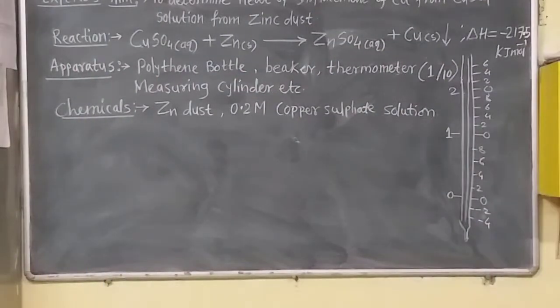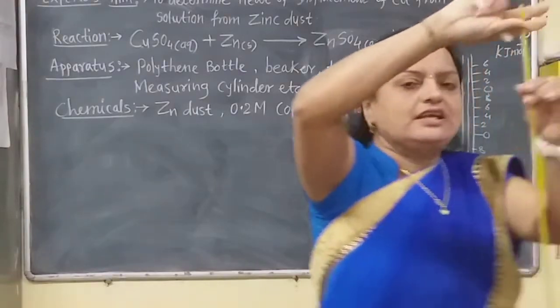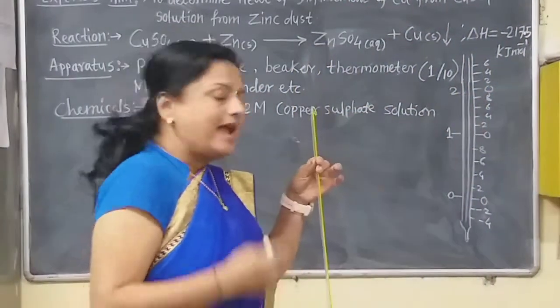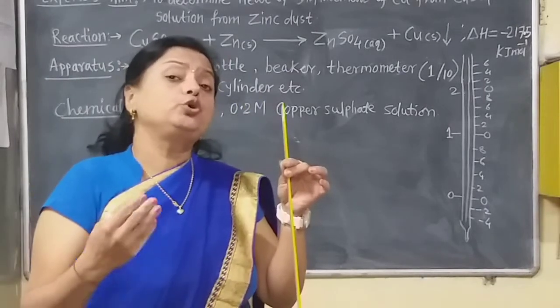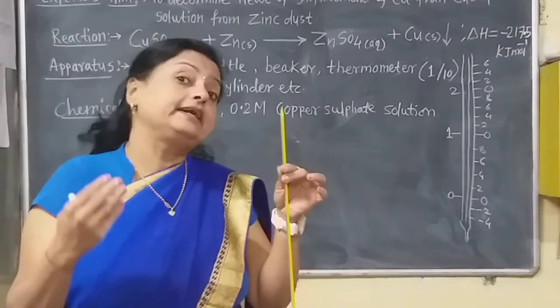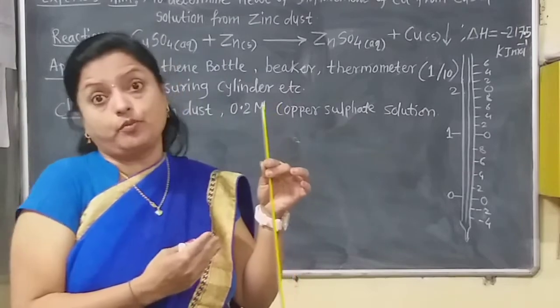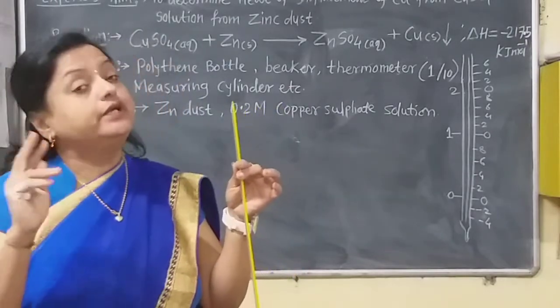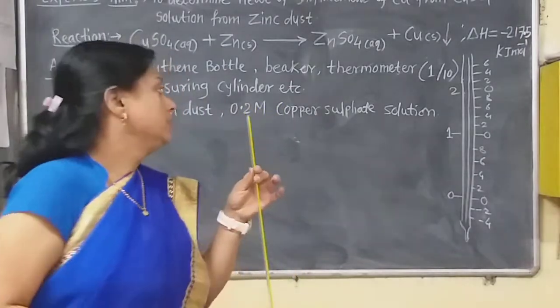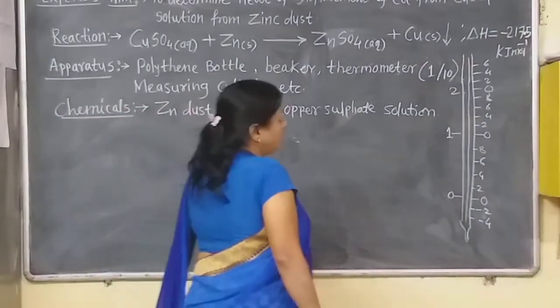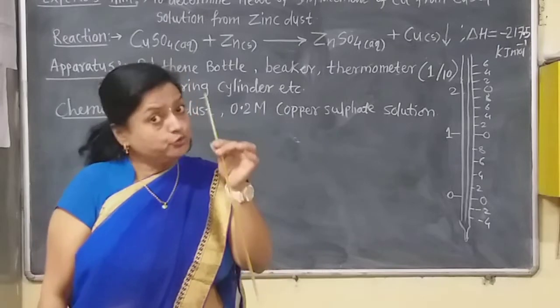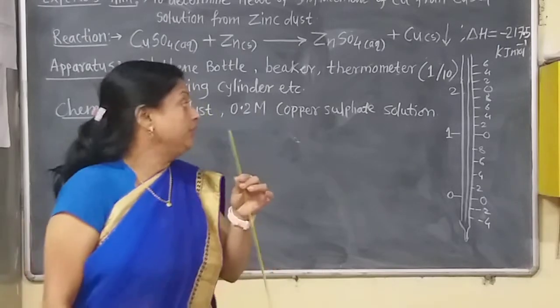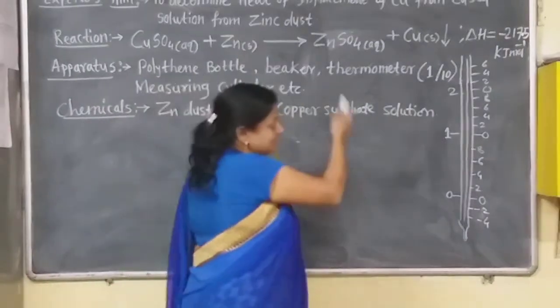This thermometer is of 1/10 type. It is somewhat larger, and we can measure up to 0.2 degree centigrade with this thermometer. We can also measure negative temperatures with this 1/10 thermometer.